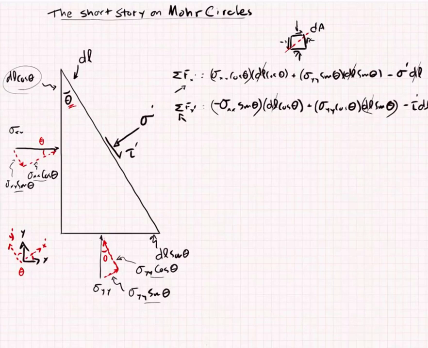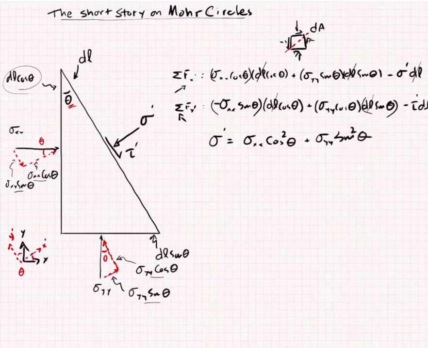And all we have to do is gather some terms here, and we can write down sigma prime as a function of the sigma xx and sigma yy, and that is sigma xx cosine squared theta plus sigma yy sine squared theta.